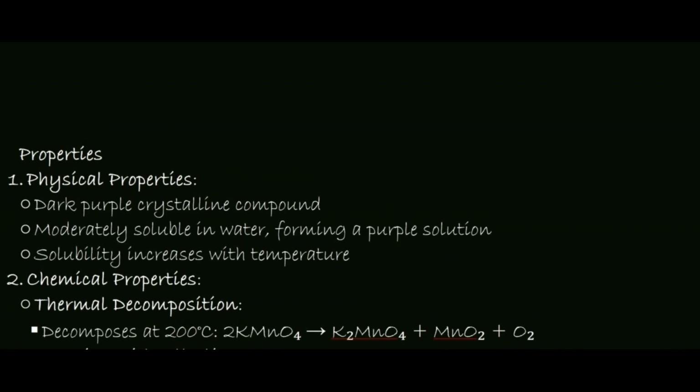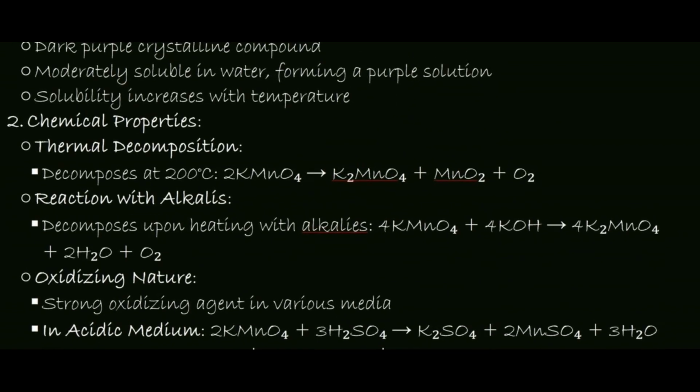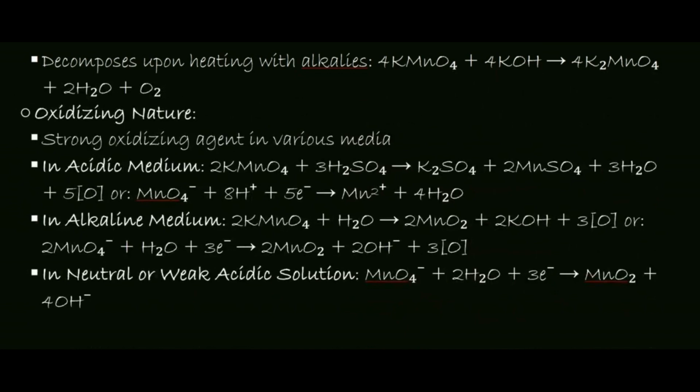The properties of permanganate: it is a dark purple crystalline solid, moderately soluble in water, forming a purple solution. Its solubility increases with the increase in temperature as usual. And the thermal decomposition, reaction with alkalis, acidic medium, basic medium, this is super important, and will be asked in combination with physical chemistry, redox, electrochemistry, and as well as in mole concept.